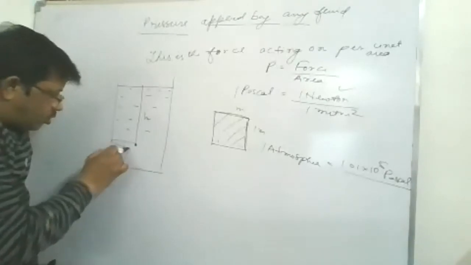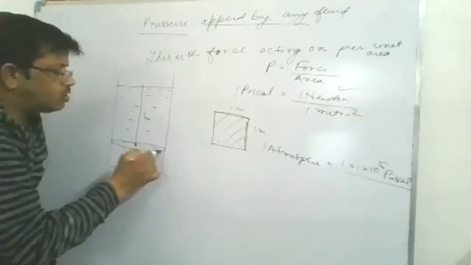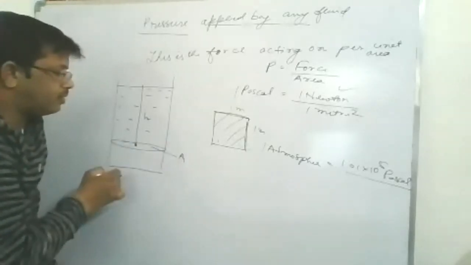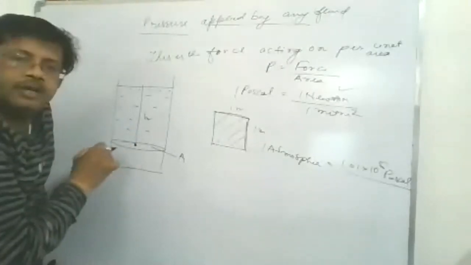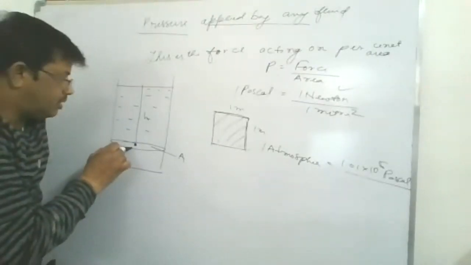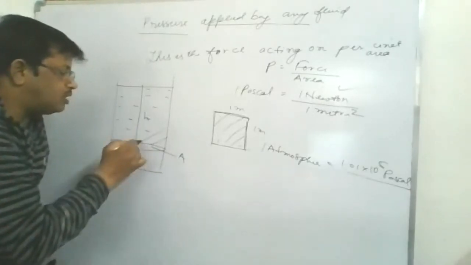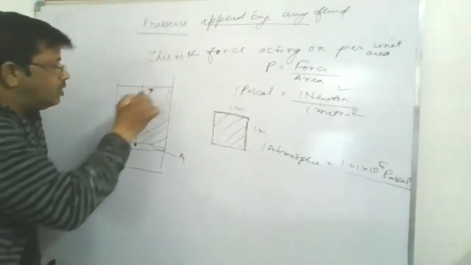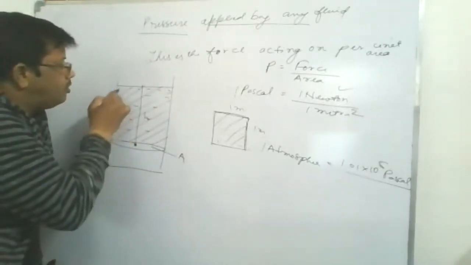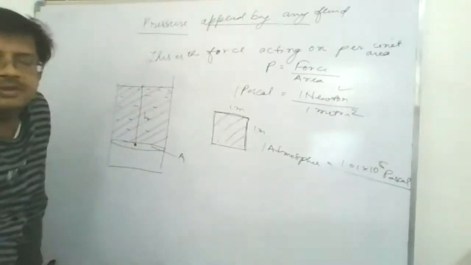If you take this cross section area, and you want to find the pressure applied by the fluid at this point, then we have to take all the fluid above this horizontal level. This whole fluid will be acted on by the gravity force.